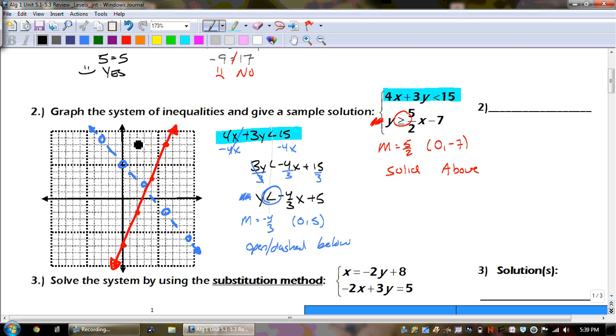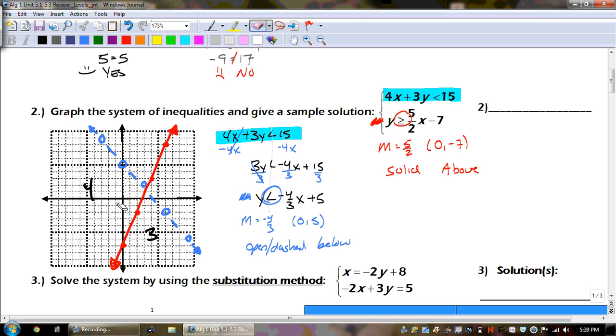Once you're done, we're going to label all the sections that the lines made. So let's take a look. Let's go with the blue line. It says that I need to be below the blue line, which means it cannot be 1 or 2.